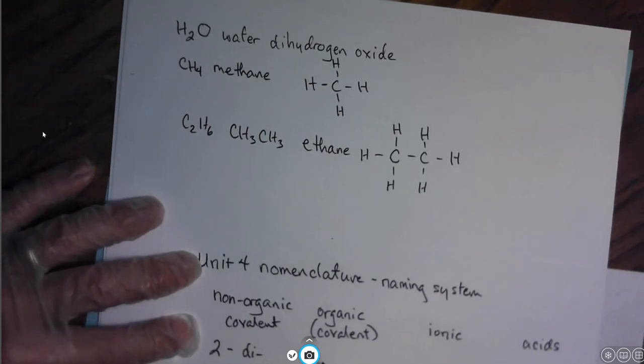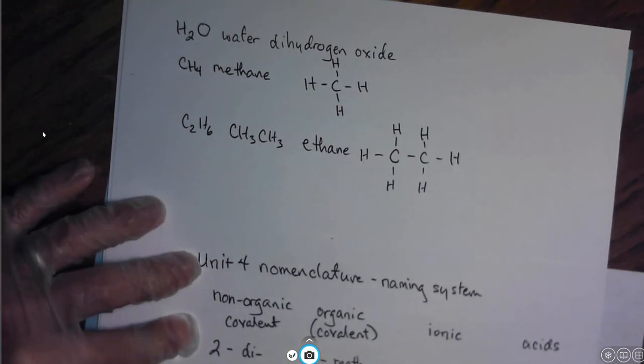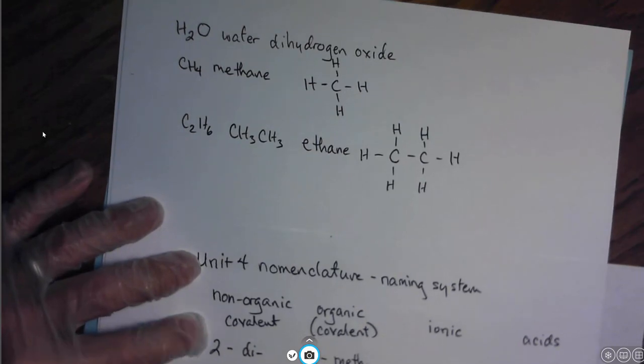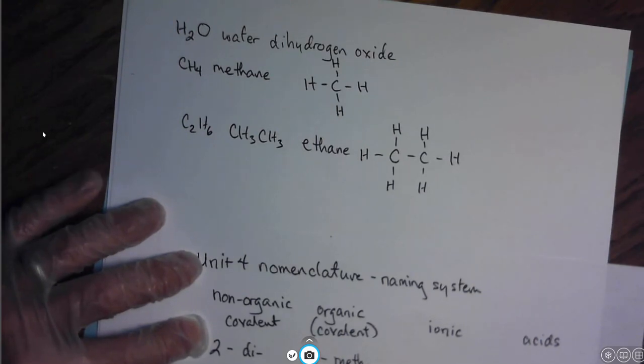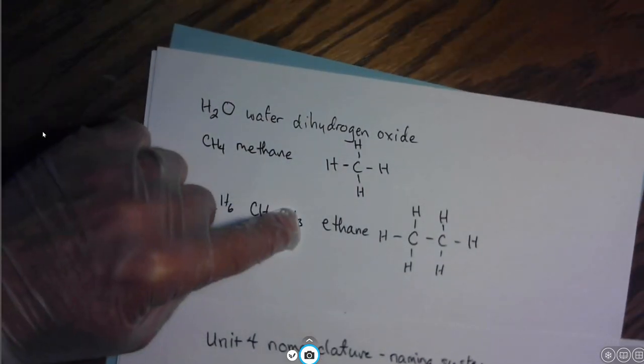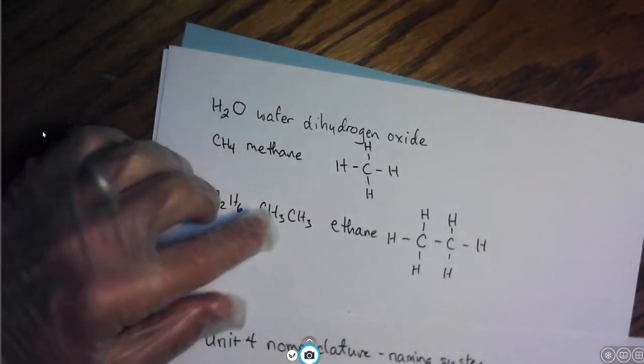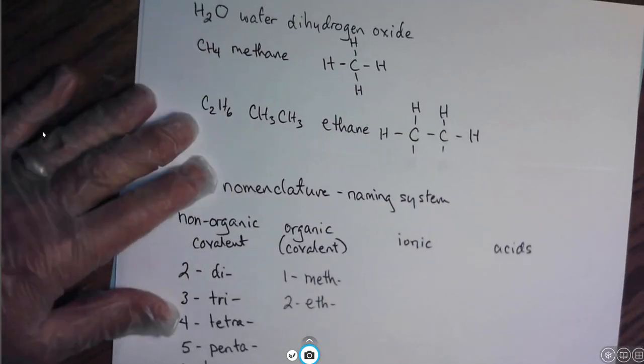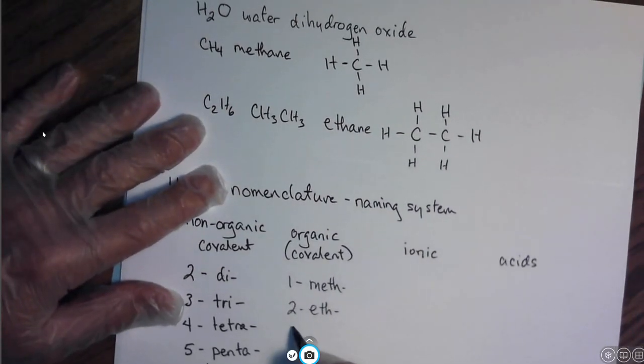Okay? So there is a root name for one, and that's meth. And the root name for two is eth. So we had methane and ethane, 1 carbon and 2 carbons. And the root name for 3 is prop.